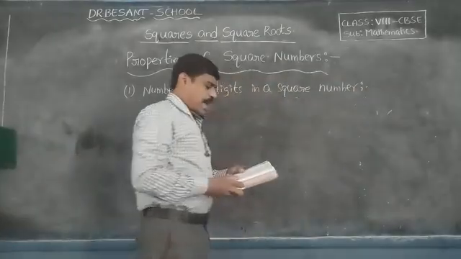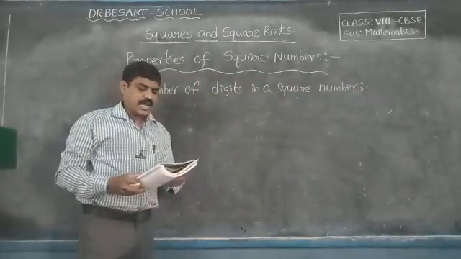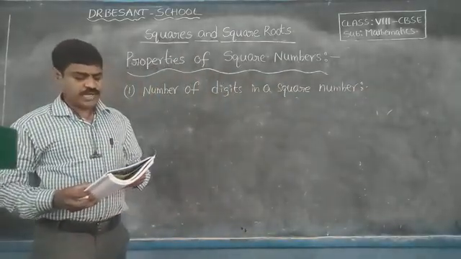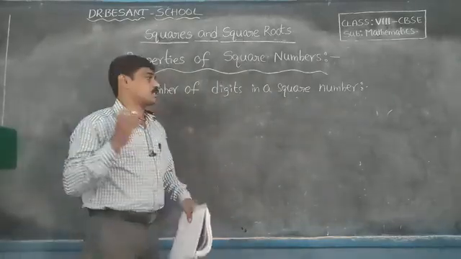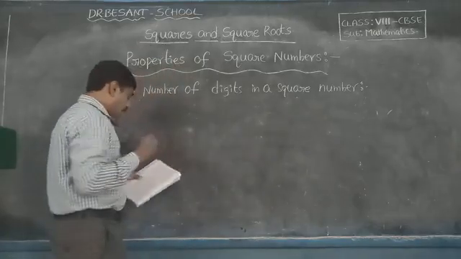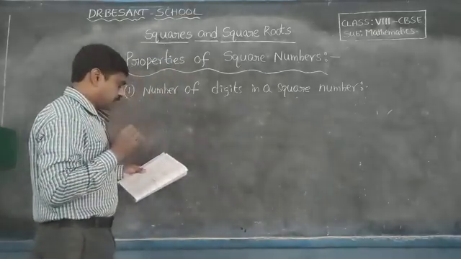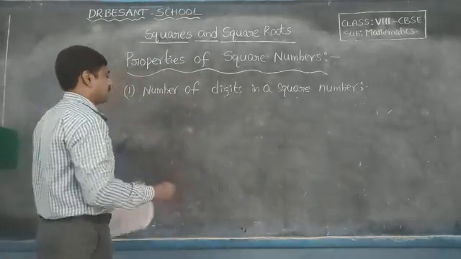See, if the given number has x digits, then the number of digits in the square of the given number will be either 2x minus 1 or 2x.